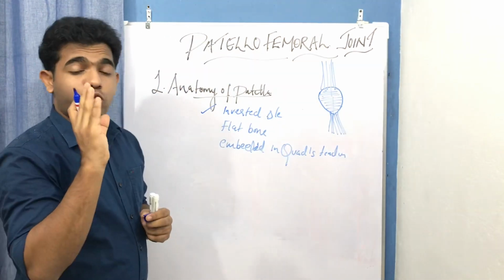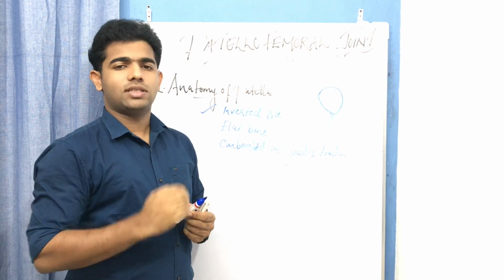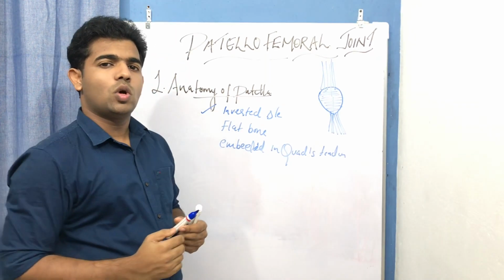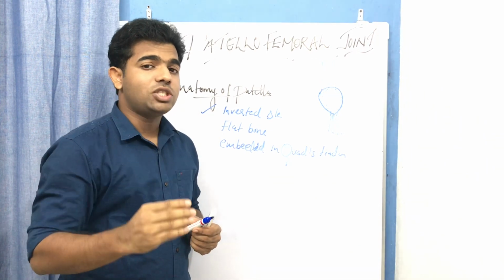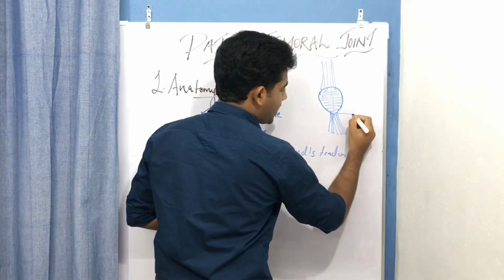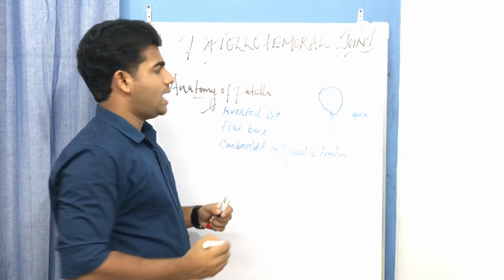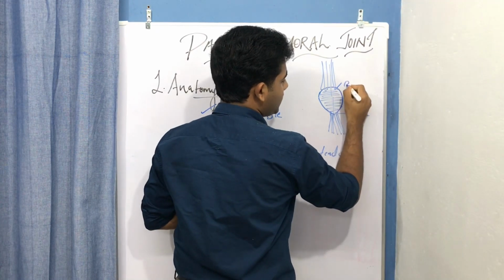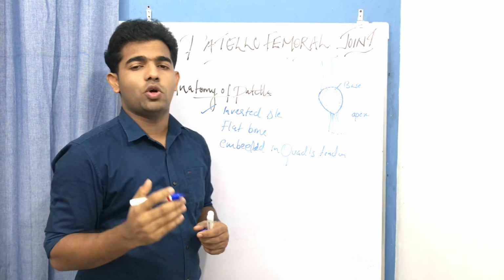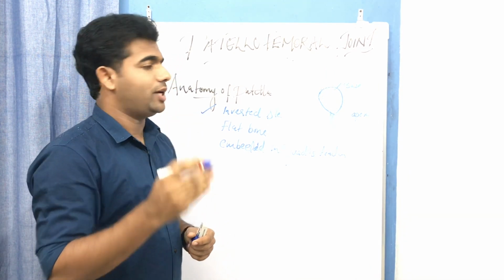It is a flat shaped bone, something like our hand, in the shape of an inverted triangle. That means this is its apex, and the apex is pointing downwards, and this is its base, which is the attachment site of the quadriceps muscle, which we saw in the previous video, right?